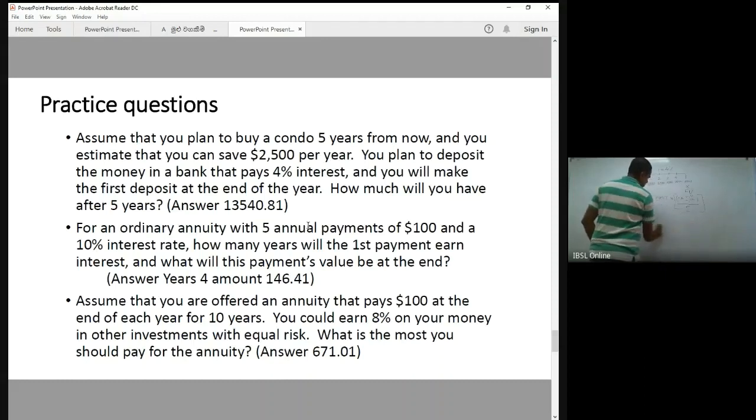So it's a pretty similar question. Five annual payments of $100 each. Right? Every year you pay 100. Interest rate of 10%.